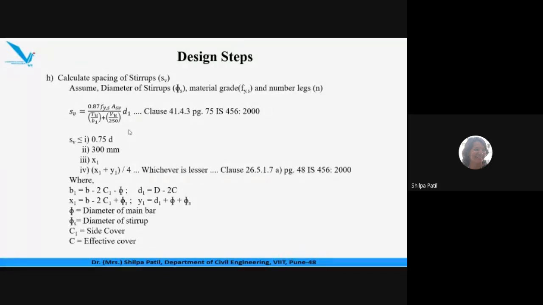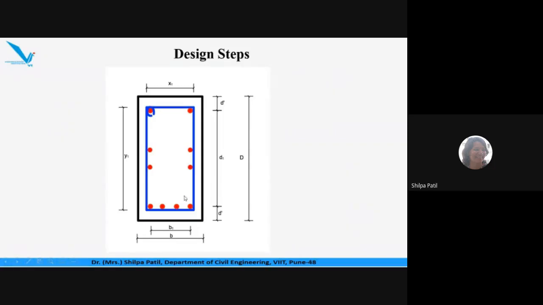Again, the limiting value for this spacing is also different. The first two criteria are the same as earlier, but the third and fourth criteria are different for beams subjected to torsional moment. So x1, y1 are the shorter and longer dimensions of the stirrups. How to calculate them, we discussed in the last lecture based on this particular diagram.